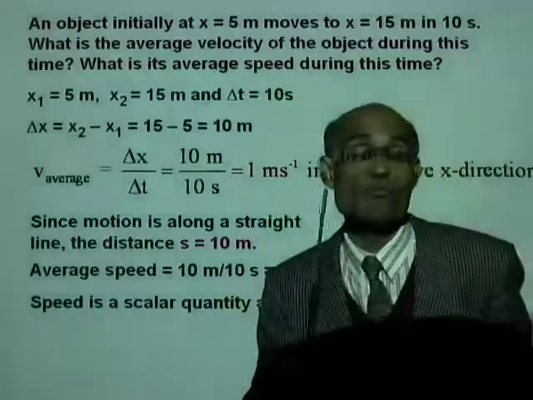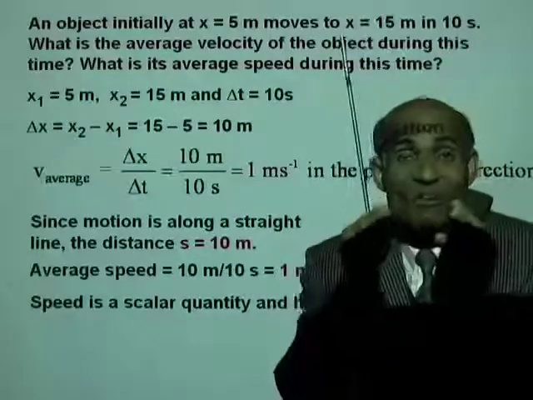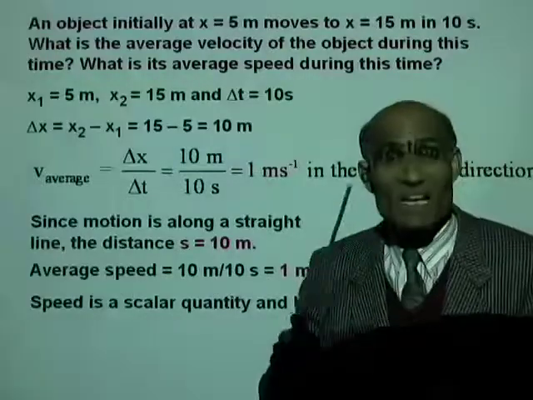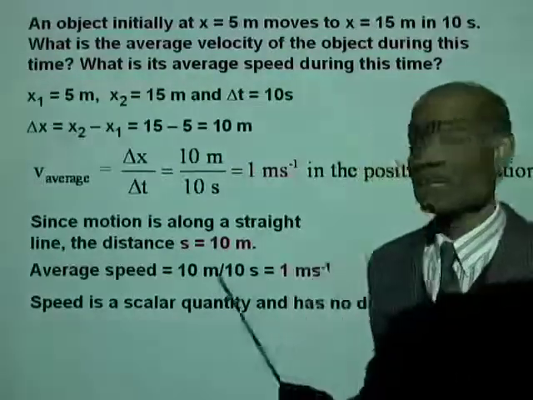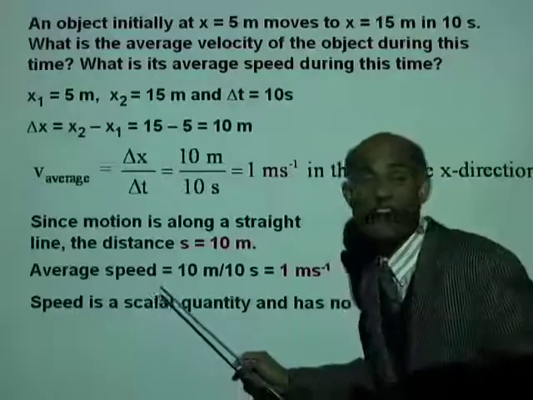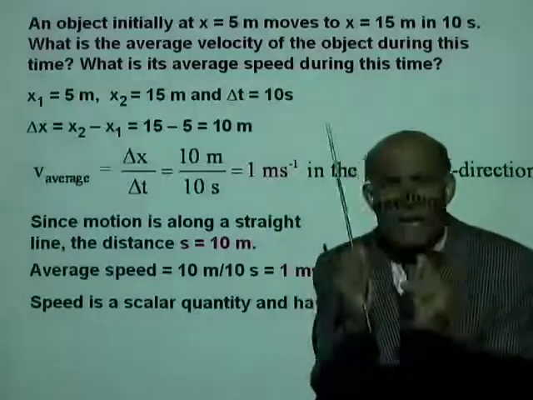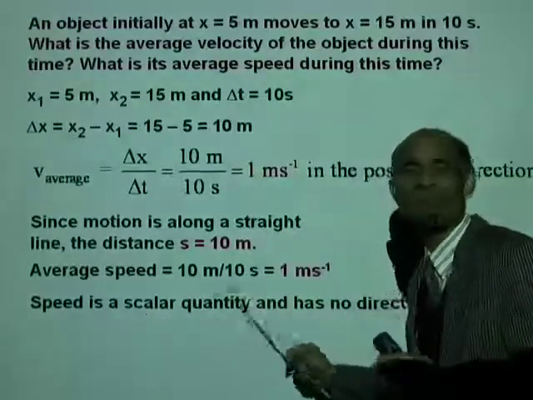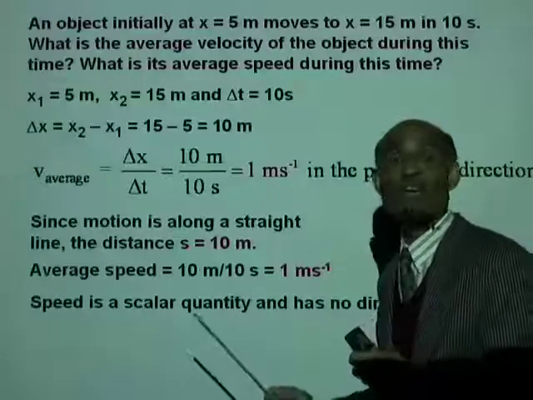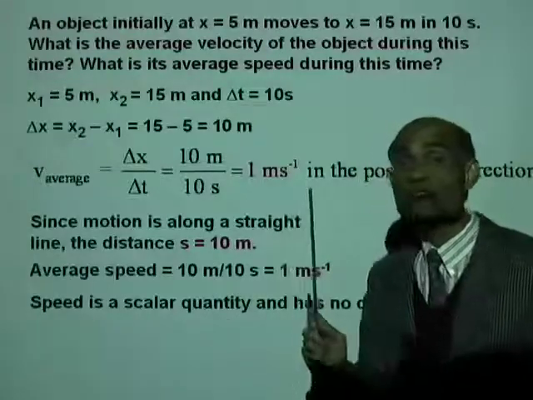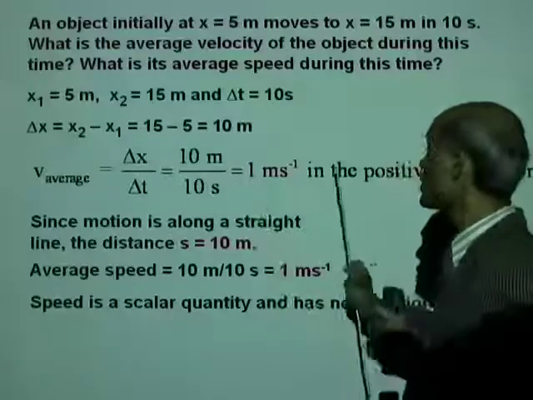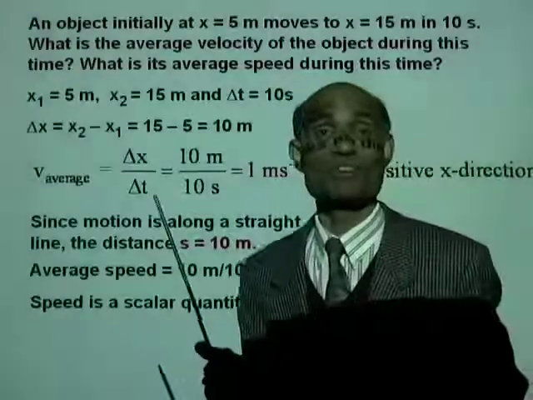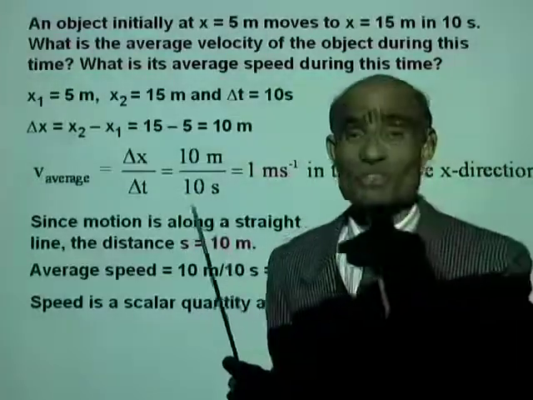Velocity has a value and a direction, whereas speed has no direction. Now, a quantity that has only a certain value and has no direction is called a scalar quantity, whereas a physical quantity that is understood only by the description of how much and also in what direction is called a vector quantity.